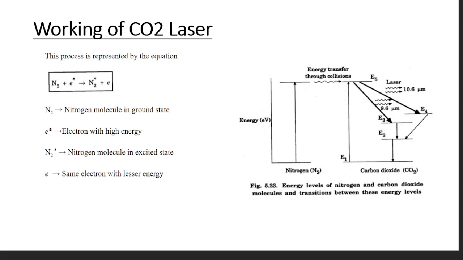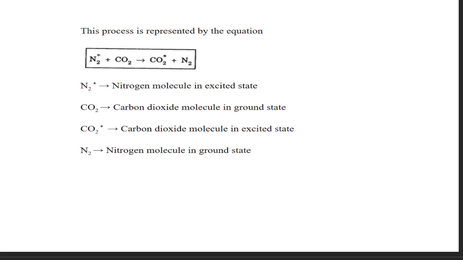After that, the molecules from E4 and E3 will return to the E2 level. And at the E2 level, the molecule will lose all its energy. And for dropping the molecule from E2 to E1, helium plays an important role. Now this equation represents the excitation of CO2 molecules, or how the nitrogen molecule transfers its energy to the CO2 molecule.